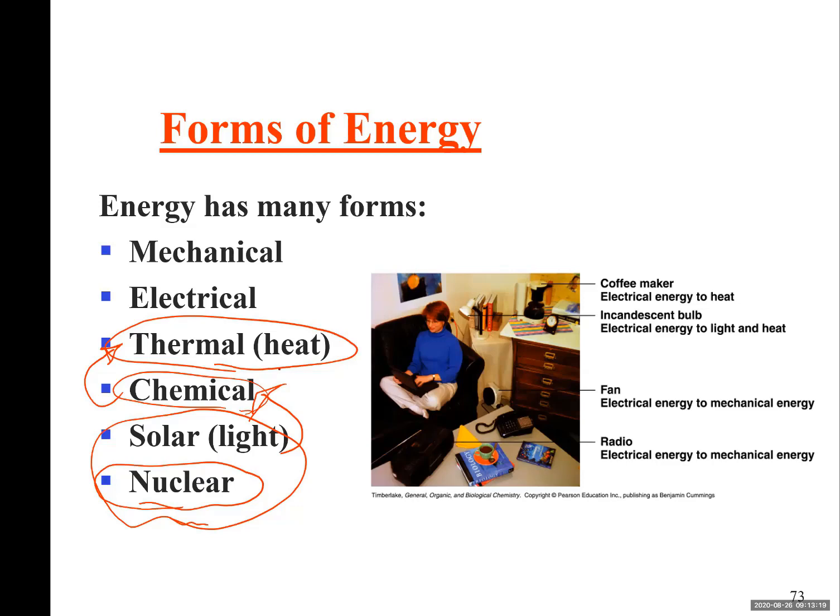So, an example of thermal energy being converted to electrical energy. Well, in an electrical plant, we produce electricity using coal or natural gas.